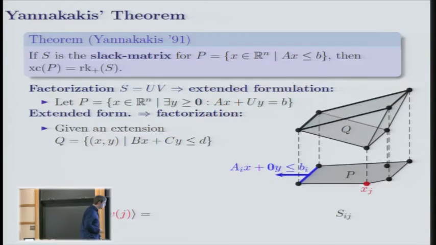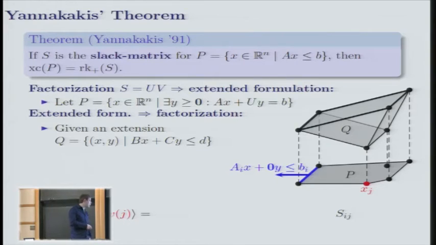Well, for every facet of your polytope, you need a non-negative vector of small dimension, and for every vertex, you need a non-negative vector of small dimension, so that their scalar product gives you the slack which this point has with respect to the facet.